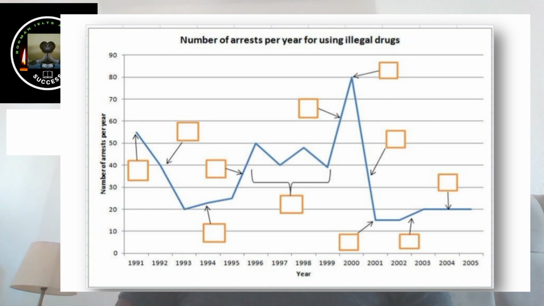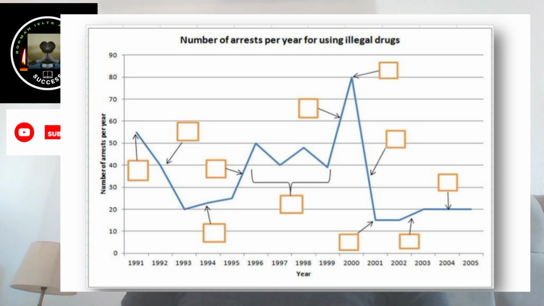Before increasing significantly again to 50 in 1996, the number then fluctuates till 1999 and then increased sharply or dramatically to hit a high of 80 in 2000. Are you following me?